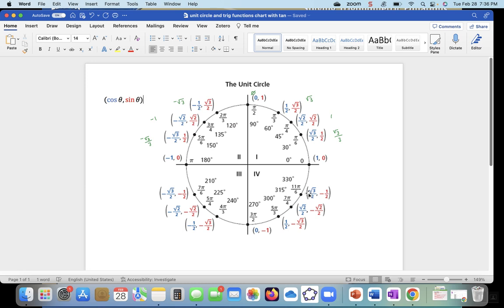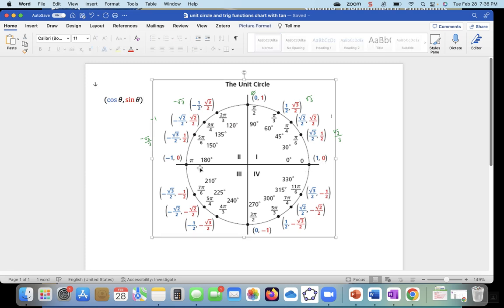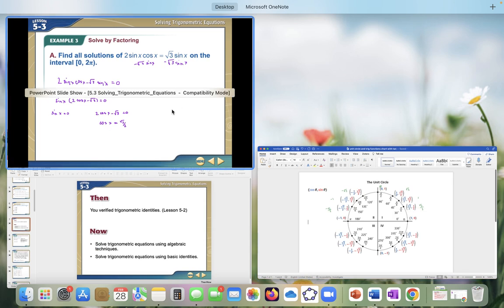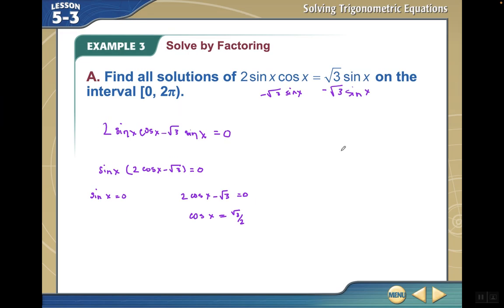And then sine of x was equal to 0. So sine of x is equal to 0 when x is 0 and when it's pi. So we have 0, pi, pi over 6 and 11 pi over 6.